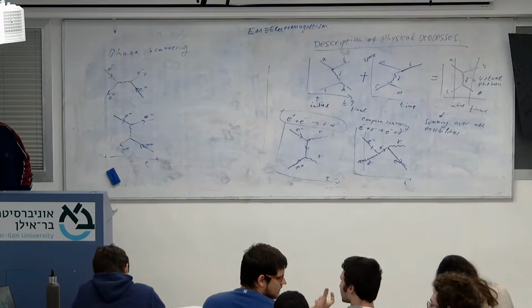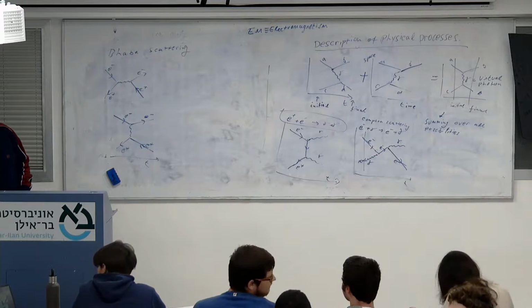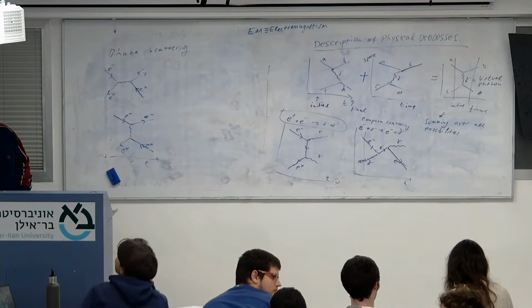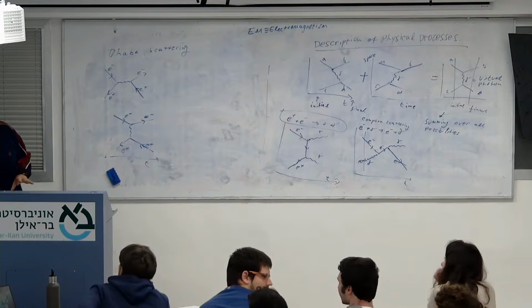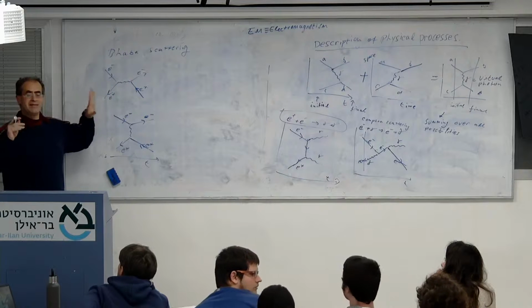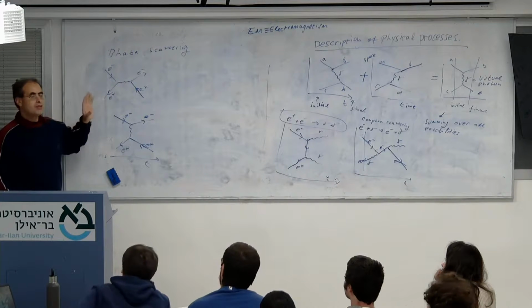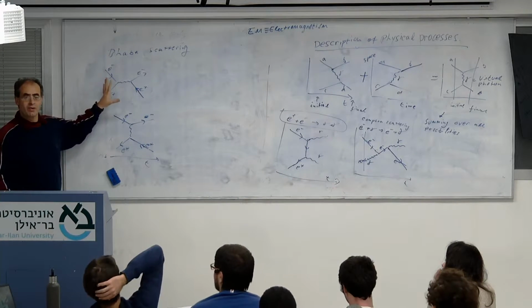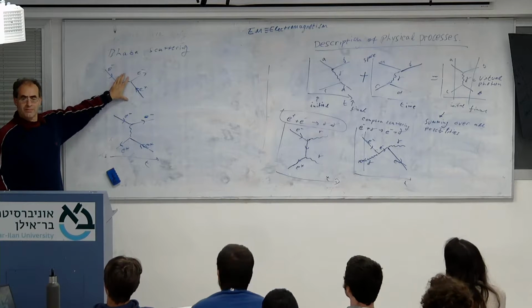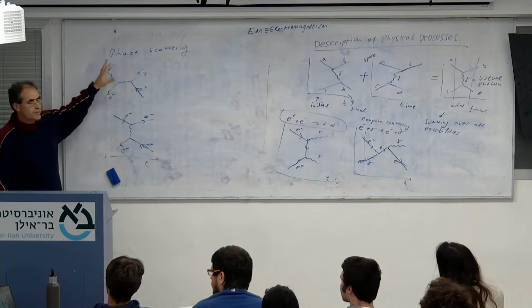If we measure it before and after the interaction, how could we know what happened in between? Well, that's the whole thing. We don't know, right? This is an important question. This is a theoretical way of describing what we see. We don't measure that. Everything here is virtual. We need to sum up over all the possibilities.